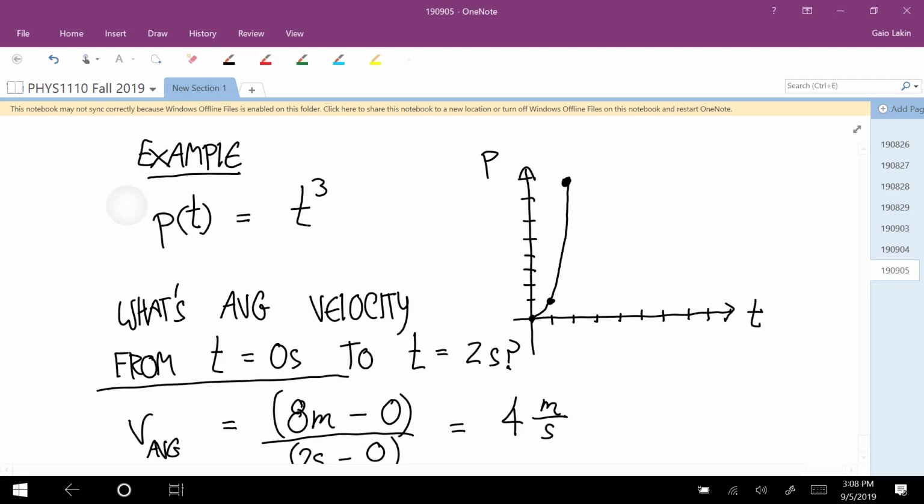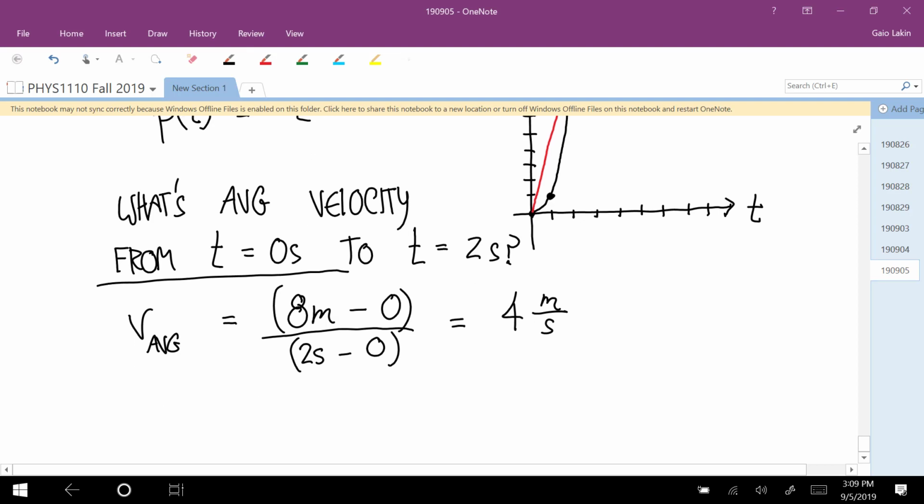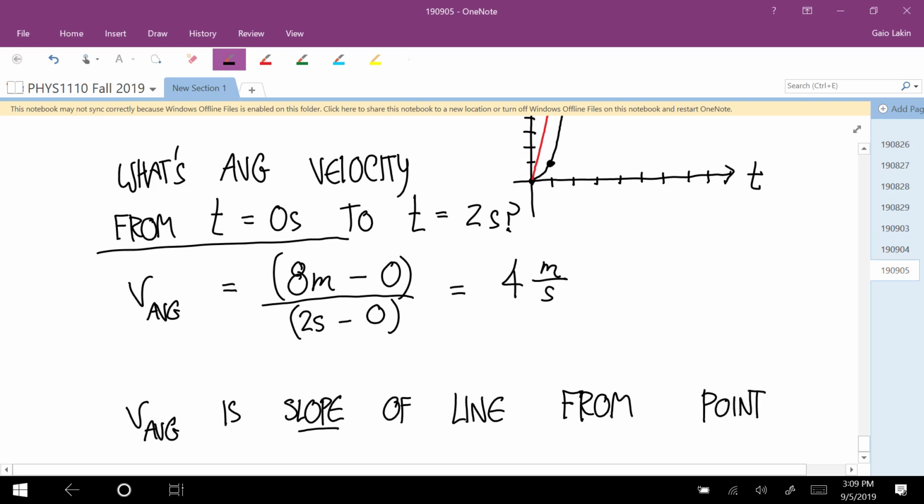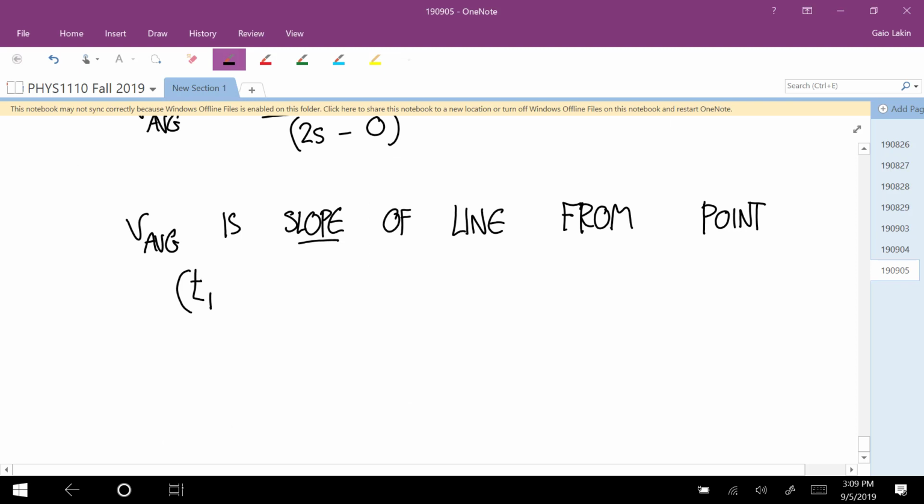So if you draw a line from the starting instant to the ending instant, the average velocity is the slope of the line from the point T1, P1 to the point T2, P2.